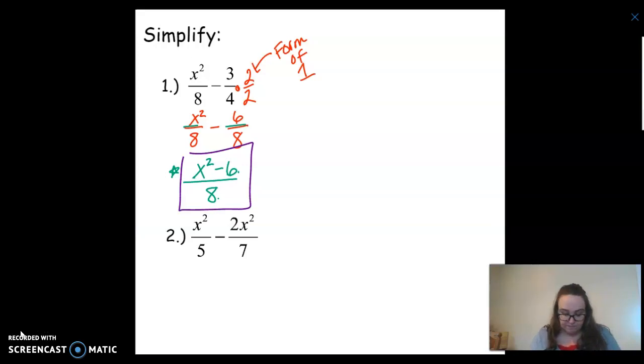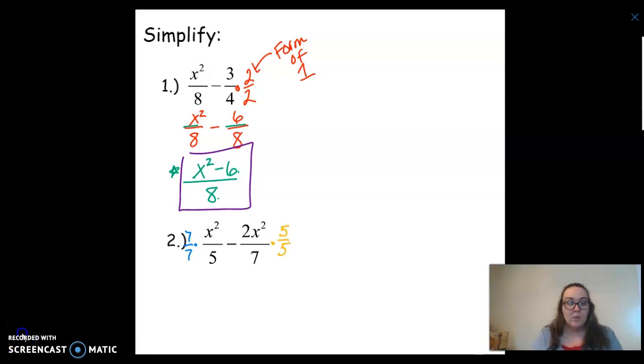Next example. x squared over 5 minus 2x squared over 7. I want you to pause it and write down what you would need to multiply each fraction by, because both need to be multiplied, to get a common denominator. Right there are the forms of one that you would need to multiply on each fraction.